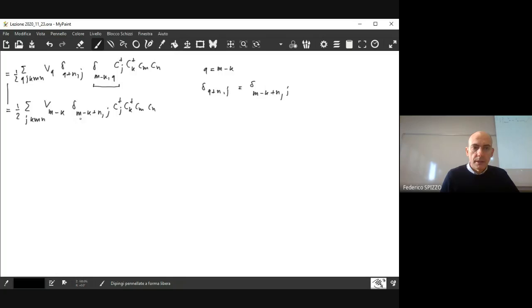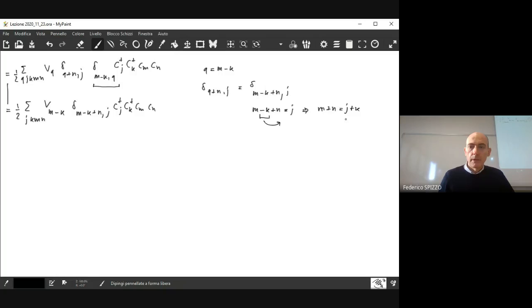If you consider the constraint related to this delta, it requires that m minus k plus n is equal to j. If we take minus k to the other side, we have m plus n equal to j plus k.